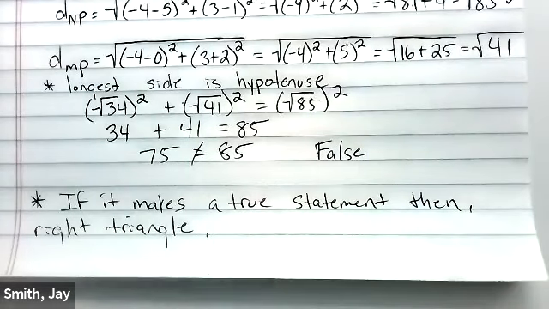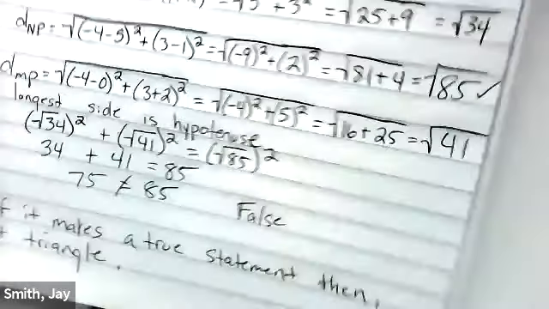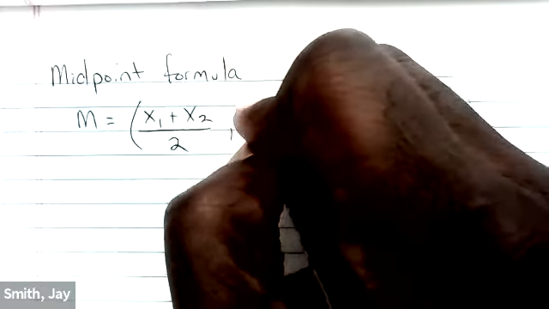Next thing we need to review is the midpoint formula. Remember, the midpoint is basically halfway between two separate points, and the midpoint formula is going to be x sub 1 plus x sub 2 divided by 2, and y sub 1 plus y sub 2 divided by 2.